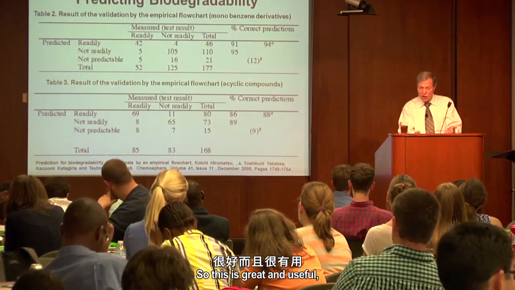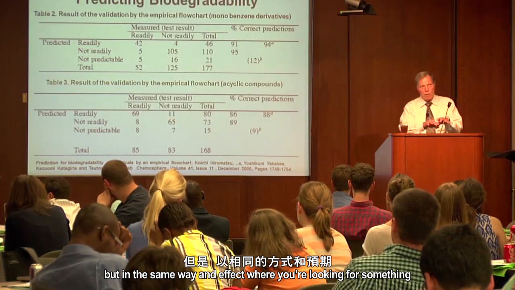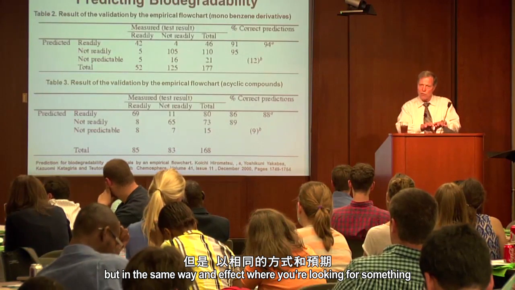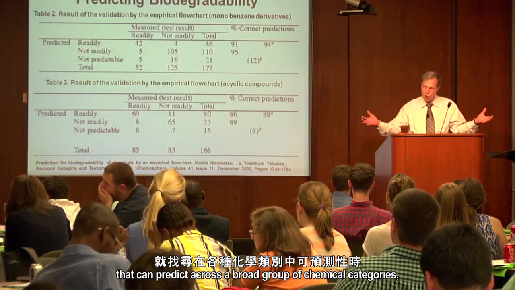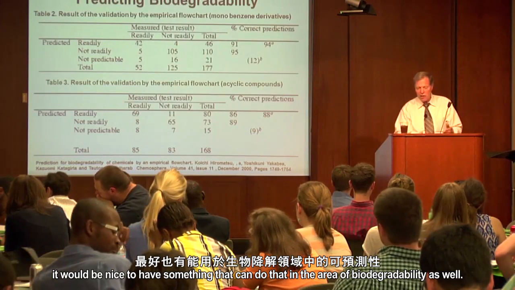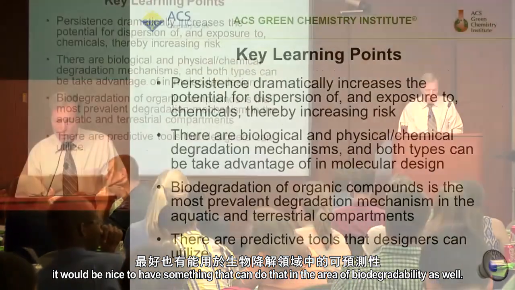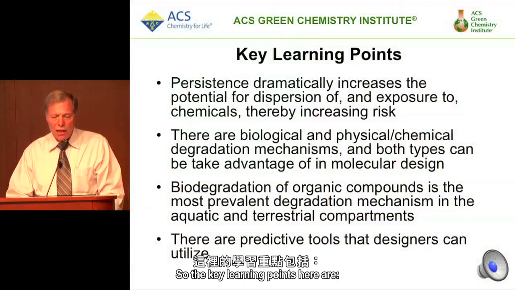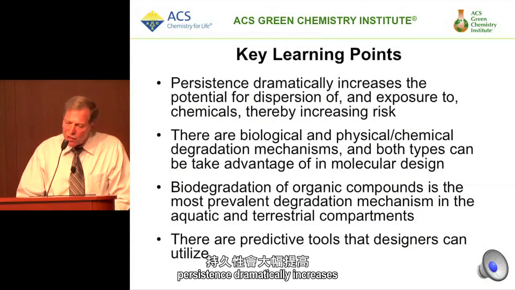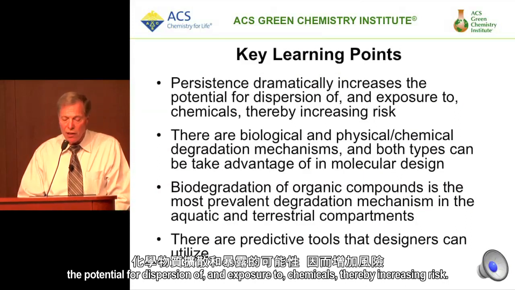So this is great. It's useful, but in the same way that for effect, where you're looking for something that can predict across a broad group of chemical categories, it would be nice to have something that can do that in the area of biodegradability as well. So the key learning points here are persistence dramatically increases the potential for dispersion of and exposure to chemicals, thereby increasing risk.